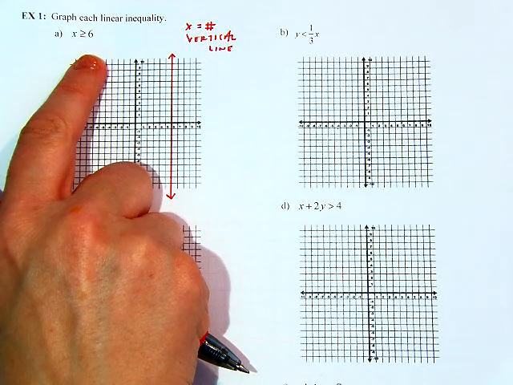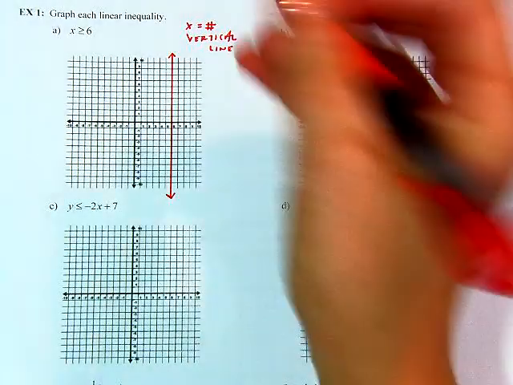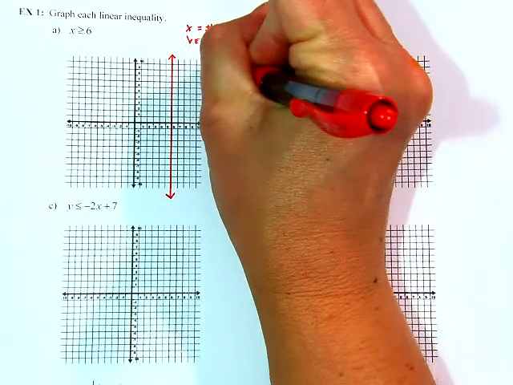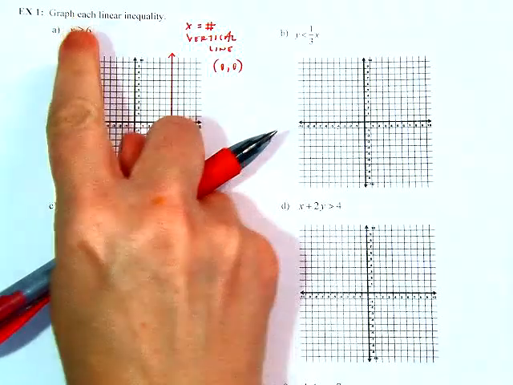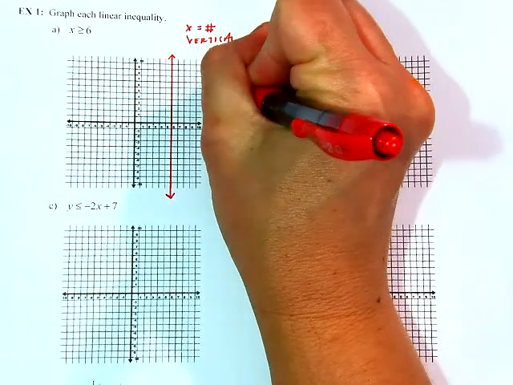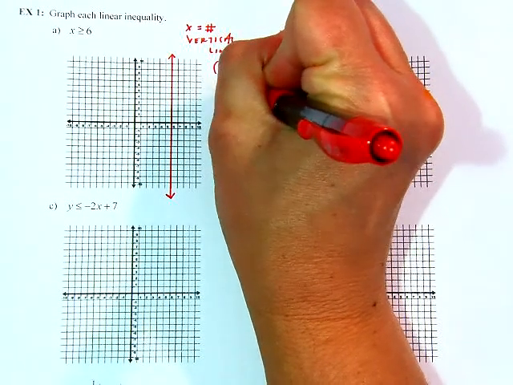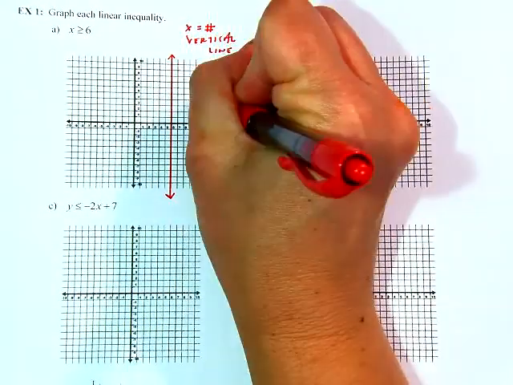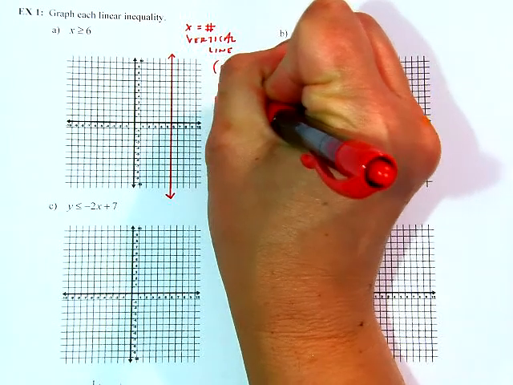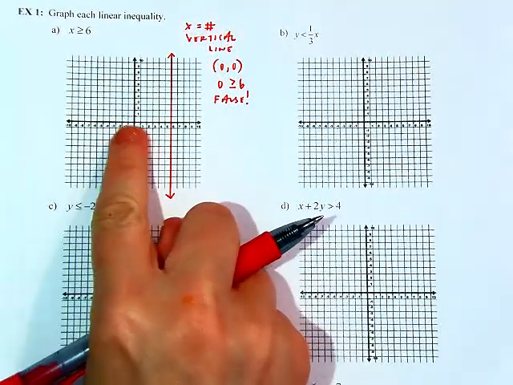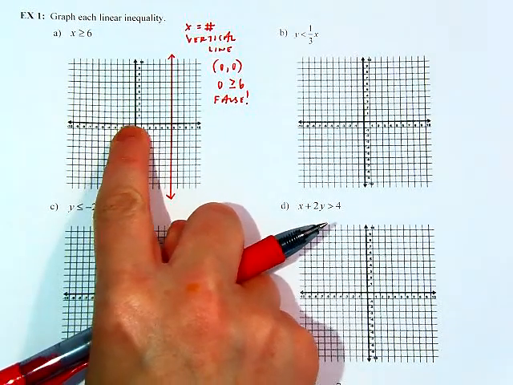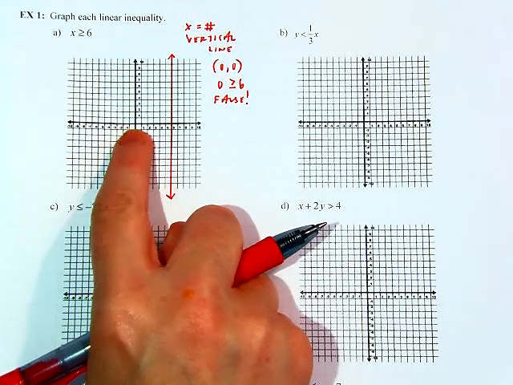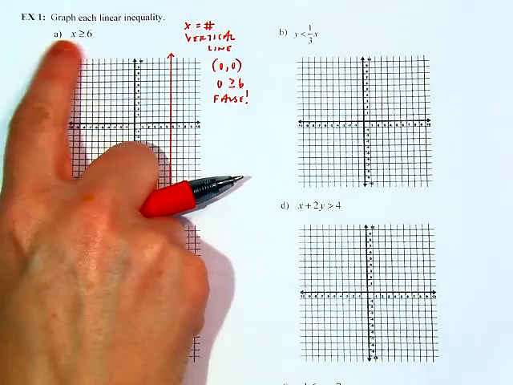If I use a checkpoint, again, I'm always going to use the origin if I can. So if I use 0, 0 as a checkpoint and plug in 0 greater than or equal to 6, that would be a false statement. So the point here would not make this statement true.